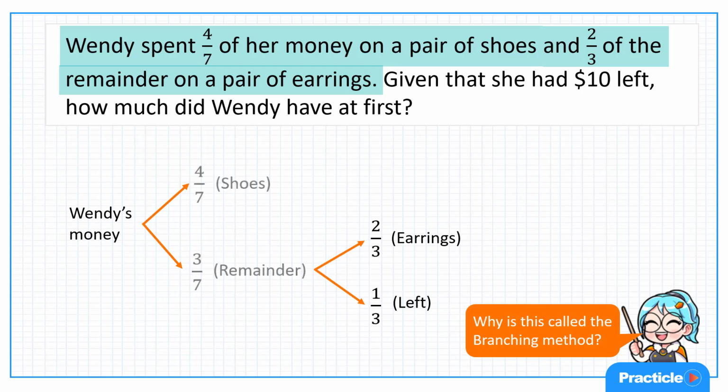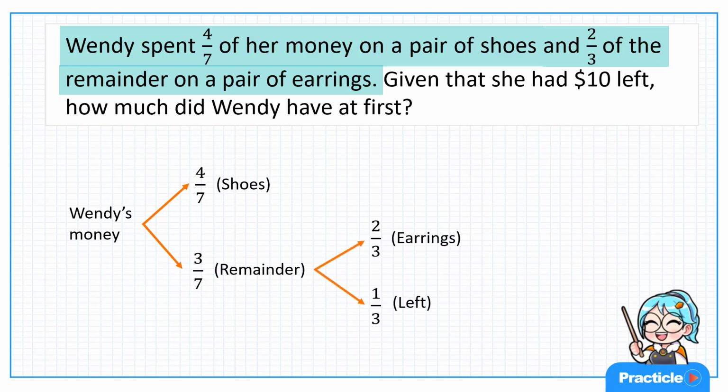These fractions over here refer to a fraction of Wendy's money, and these fractions over here refer to a fraction of Wendy's remaining money after she spent on the shoes. And this helps to keep all our information super organized. Can we make things even better? Yes, we can. Let's write all these fractions so that every fraction refers to the same set.